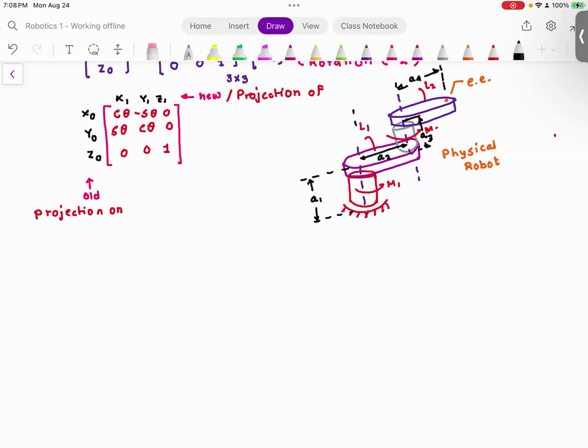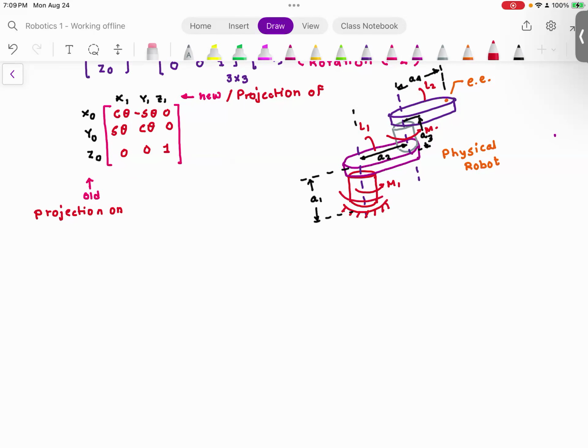And some of you may ask me, these distances do not represent the physical robot because physical links have some thickness. But in the kinematic diagram, the purpose is to find the mathematical relationship between the joint variables, in this case θ1 and θ2, and the end effector position.